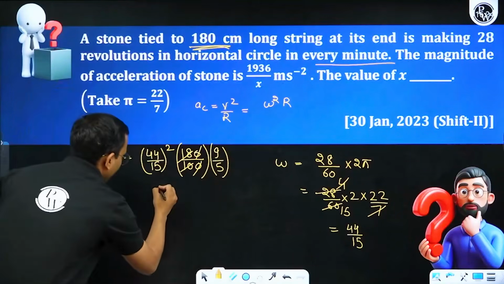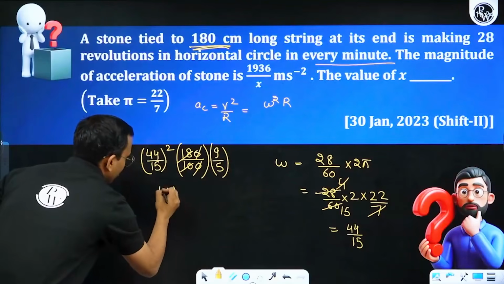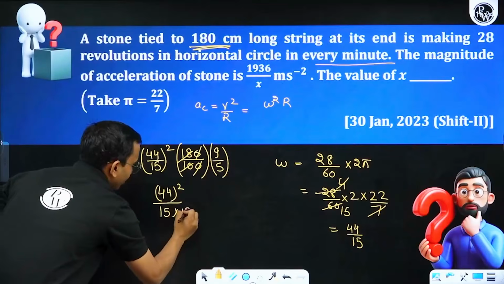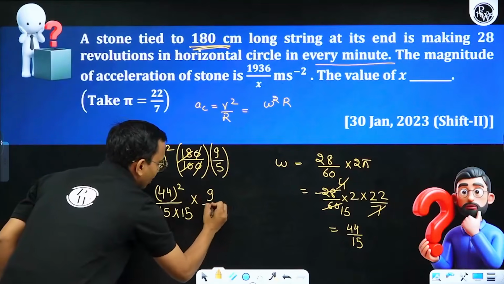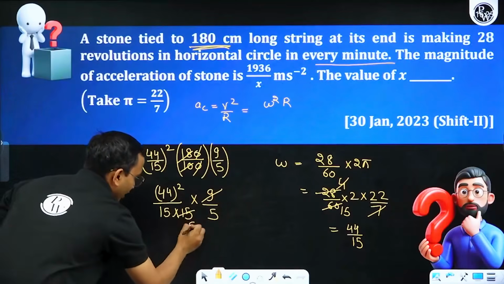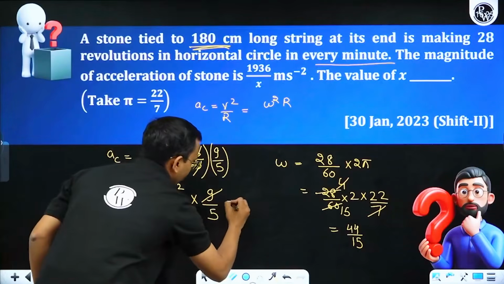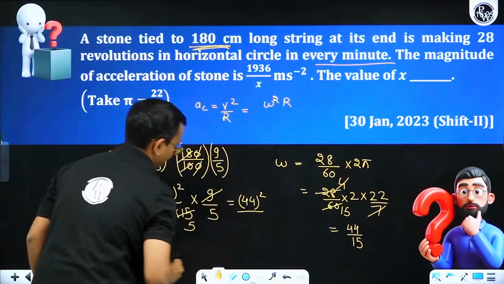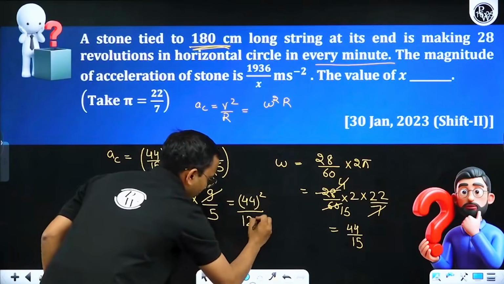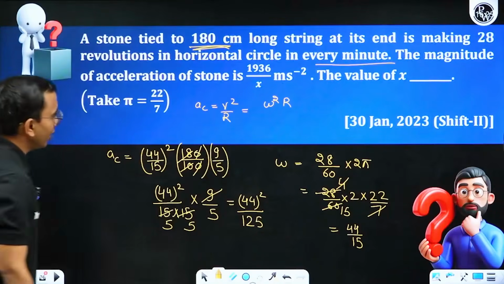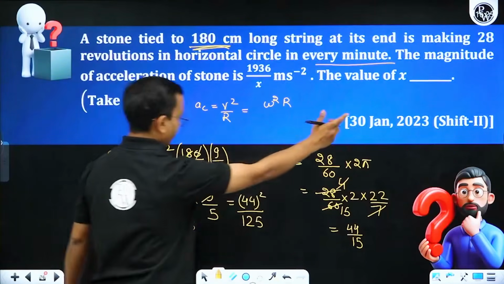This will become 44 square divided by 15 into 15 into 9 by 5, which is 44 square divided by 3 into 5 into 5, that is 44 square divided by 125. 44 square is 1936. Okay, so what is x now? x we got as 125.